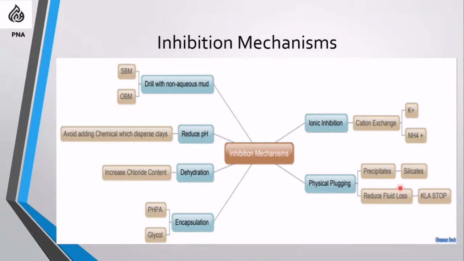Polyamine also provides physical plugging and reduces fluid loss, and this is also a mechanism of inhibition. The last one is encapsulation, which is done by PHPA or glycol. Glycol provides coating, which is also a form of encapsulation, and PHPA provides encapsulation for shale.